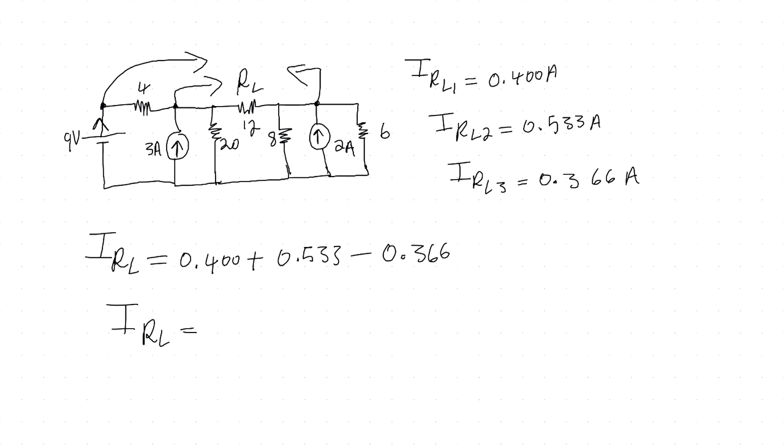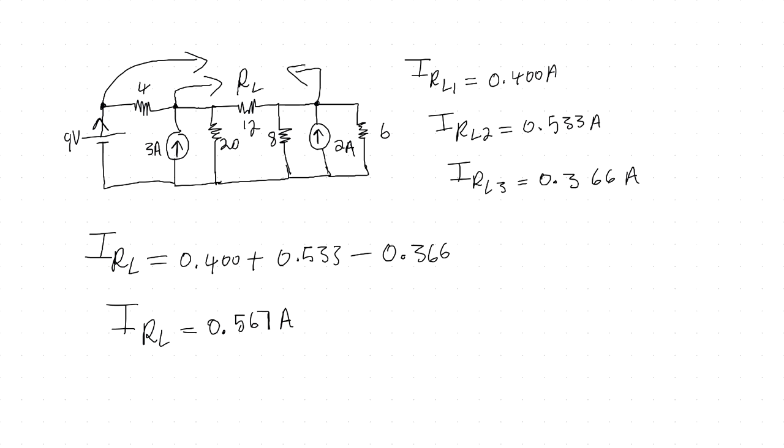So the final current is 0.567 amperes. That's how we use superposition to calculate the current. That's how we apply superposition to find the current.